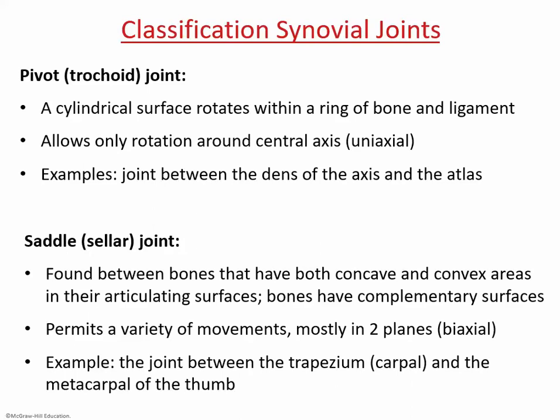So the convexity of the sagittal plane, front to back, meets the concavity of the saddle, pommel to the back of the saddle.